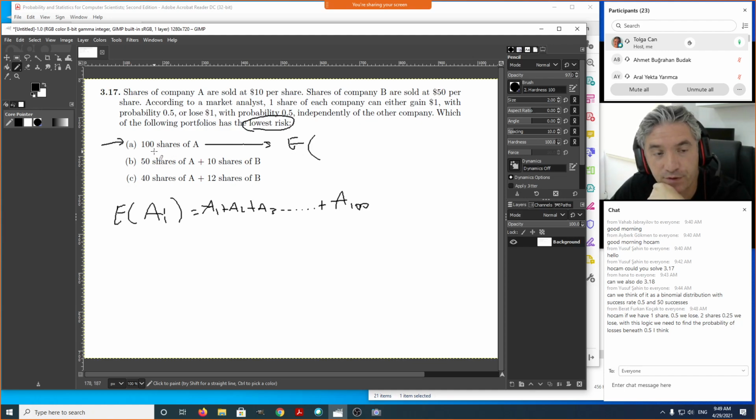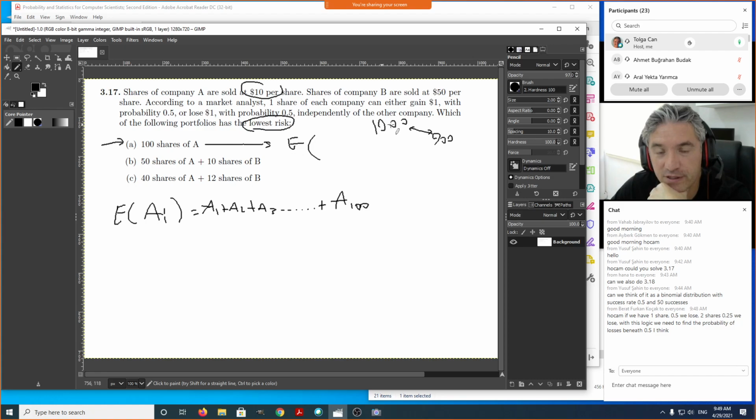In other words, if you have, for example, 100 shares of A, which you pay $1,000 for, and the expected value of this turns out to be 900, for example. So we just need to compute not the probabilities, but the amount we lose.